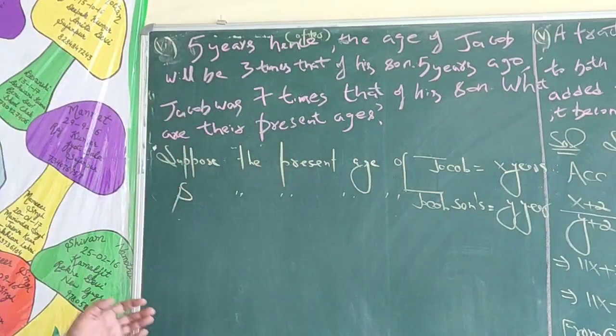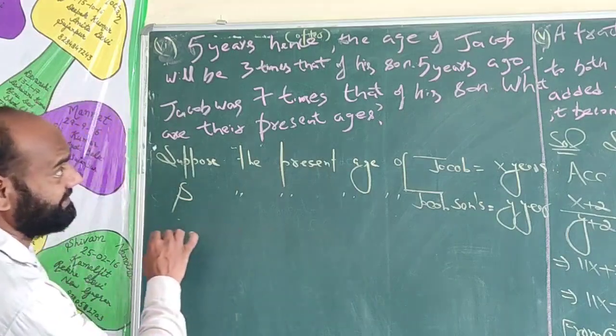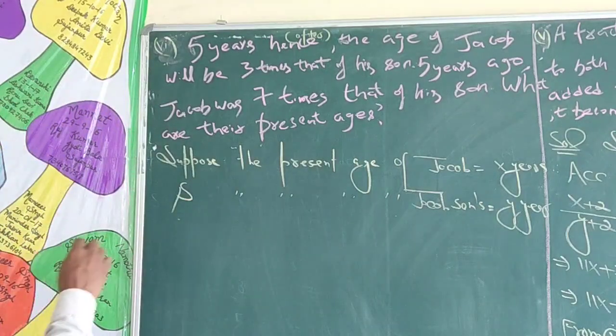Here we assume the present age of Jacob is x years and the present age of Jacob's son is y years. Now according to the first condition.